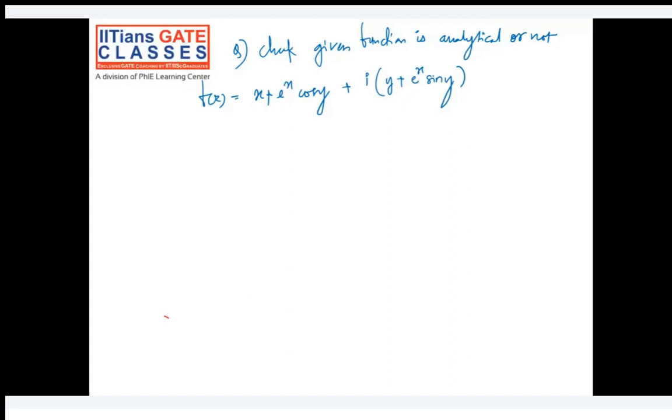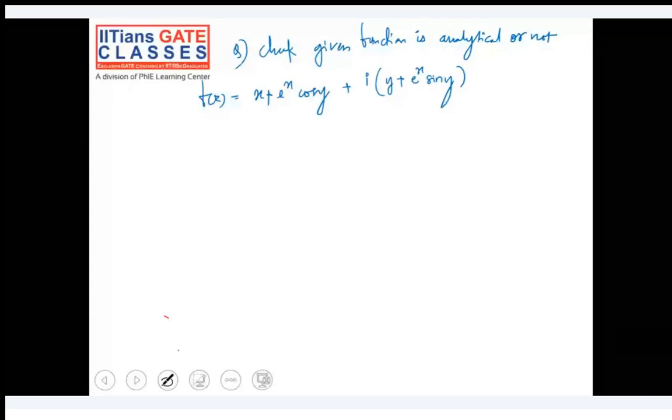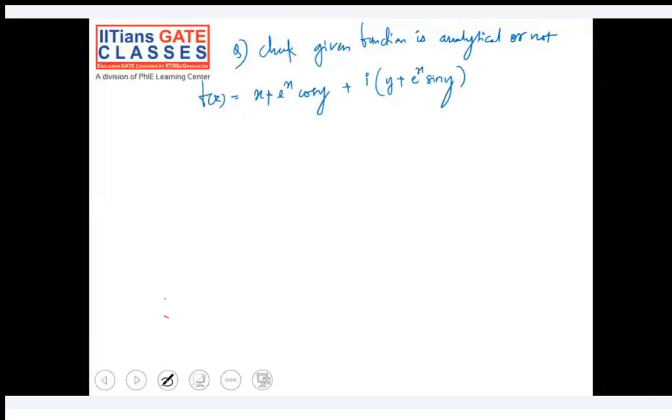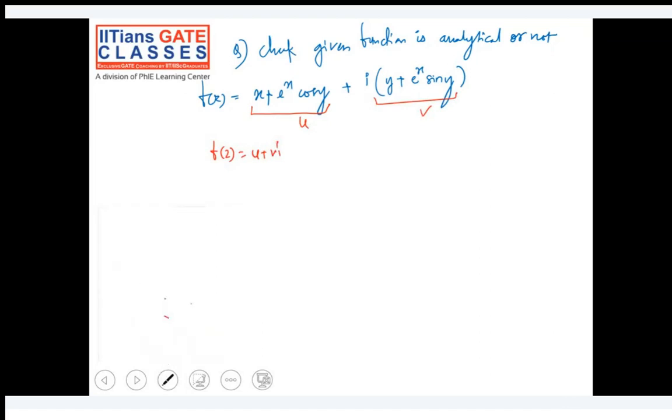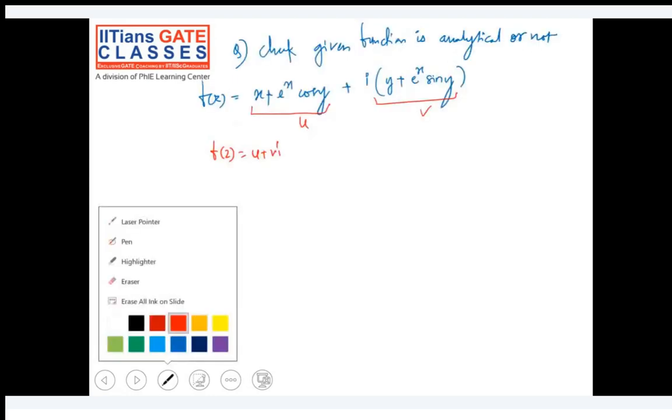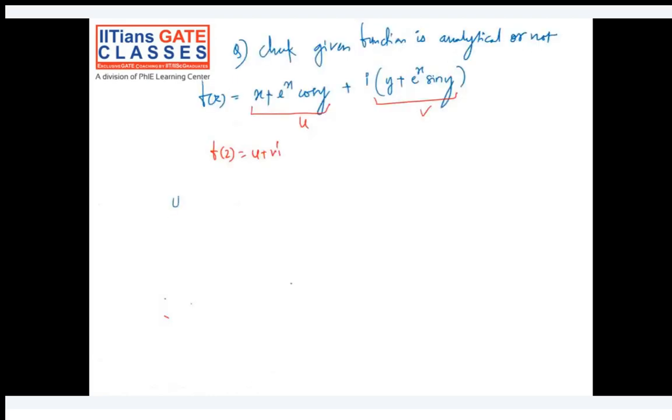Let me help you out with the answer. Here, this is your u, and this is your v, because f of z is equal to u plus vi. Check whether u and v are differentiable with respect to x and with respect to y. So ux, differentiation of u with respect to x, is 1 plus e to the power x cos y.